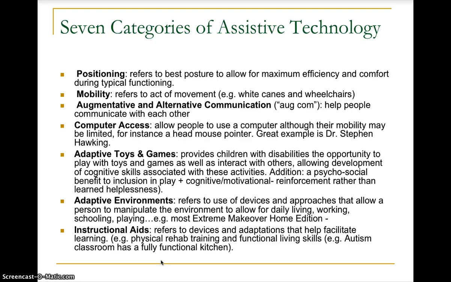So for instance, in a classroom that deals with a majority of students that have autism, we might have a fully functional kitchen, and that kitchen then becomes an instructional aid because it teaches them life skills, what to do, what not to do in that environment, as well as surviving through being able to eat.